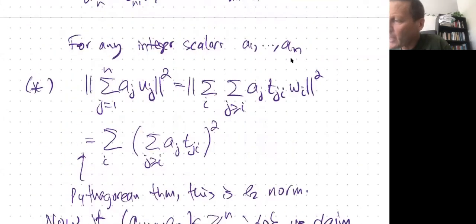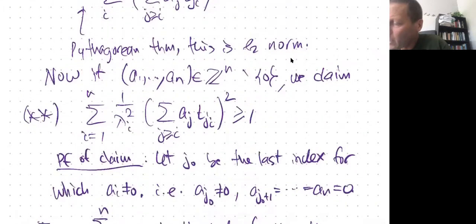In formula star, if you only sum up to j0, you're not changing anything because you're just adding 0 coefficients. In double star, for the same reason, if you change i to j0, you'll be subtracting some coefficients which are 0. So if we manage to prove this for j0, we'll actually prove this for n.